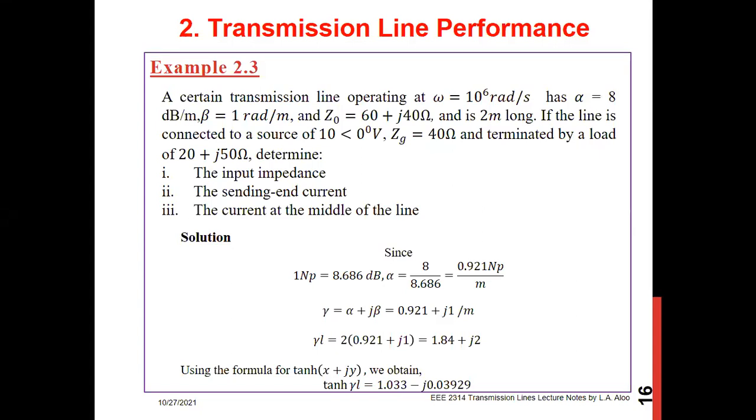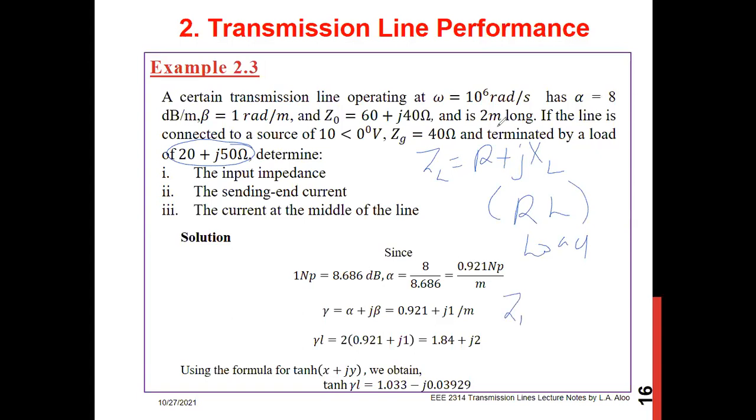Now, members, allow me to mention something here quickly, even as we solve this question together. Looking at this load, we can see clearly that this is an RL load.